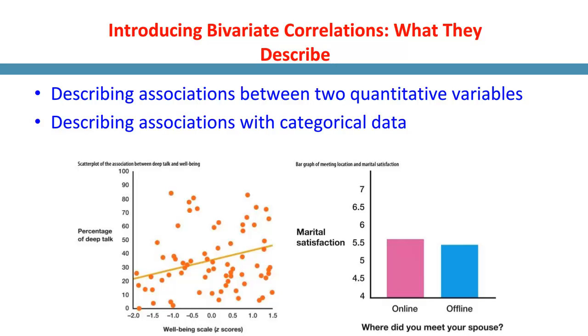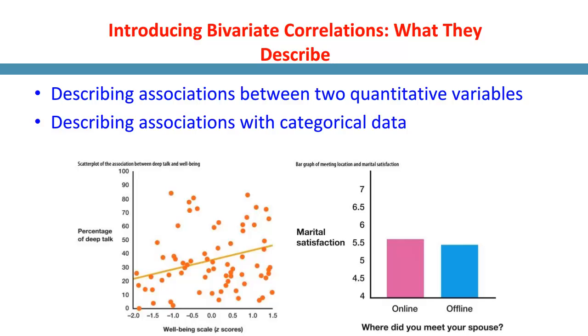My personal preference is that with categorical data you actually run what's called a t-test. Then you can see if people are more satisfied with their marriage if they met online or offline. Here satisfaction looks higher with online, but again, I would want a t-test to determine that better. But it is possible to do a correlation with categorical data.